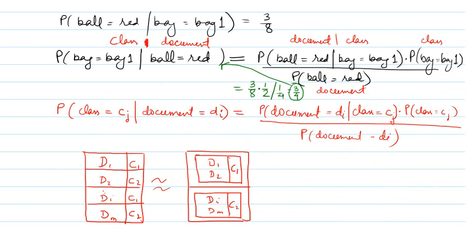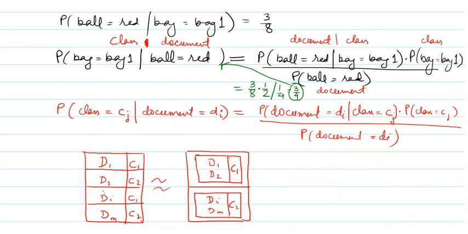So we can do both ways. Both ways are correct. So we get this probability of document is equal to Di given class is equal to Cj just by going into that particular bag of class and calculating the probability of document. And we can directly calculate the probability of class is equal to Ci.